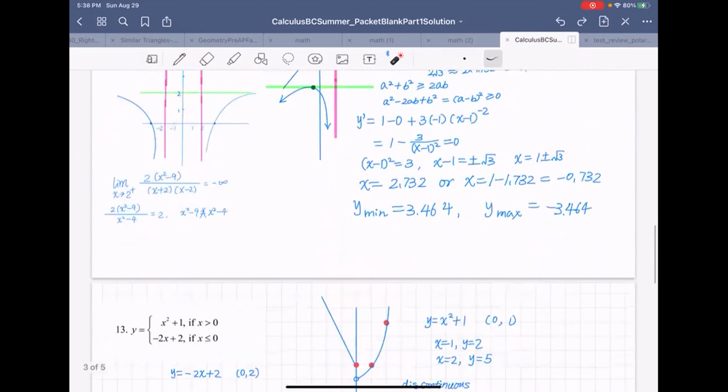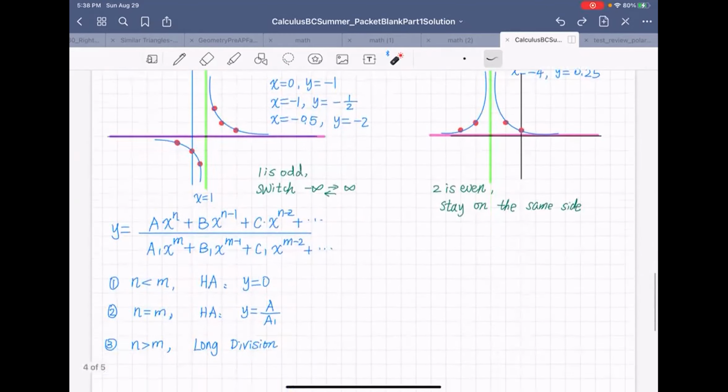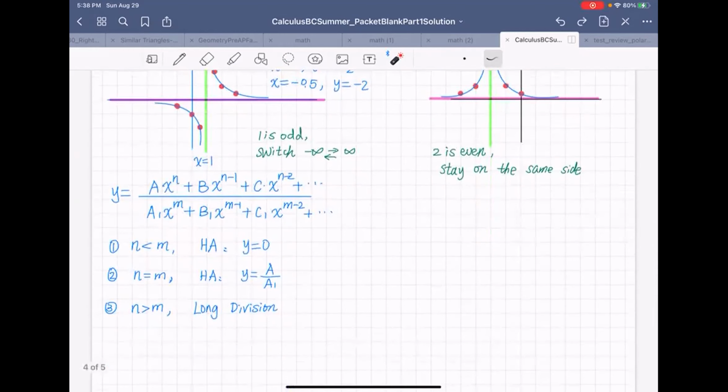Look, hold on, over here. For this polynomial over this, when n is smaller than m, which means the denominator has higher order, if your x goes to infinity, this ratio will be 0, all right?